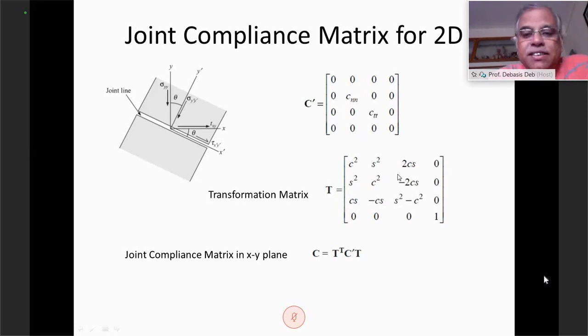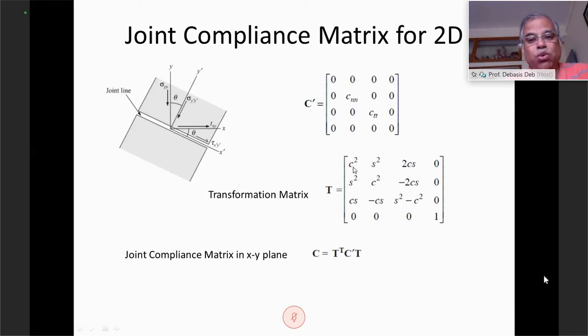Transformation will be done by the transformation matrix for strain, which was told to you in chapter 1. You will find it in chapter 1. So we are transforming with this matrix. And this joint compliance, this angle is theta, right? So we are transforming it to x and y, the xy axes in the global axis.